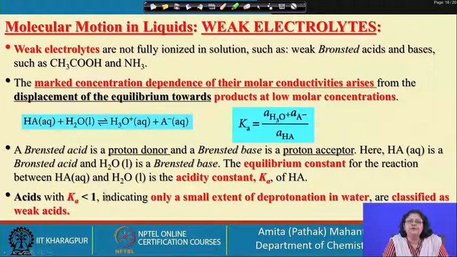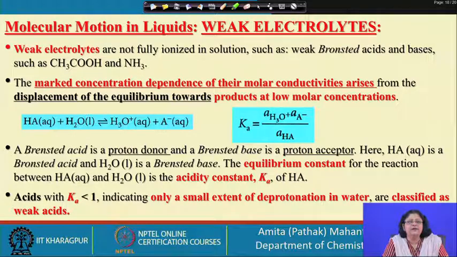So, if you have a system where you have this, this is the equilibrium constant. For an acid, we also call this a dissociation constant or acidity constant. So, this value is less than 1. What does that mean? If it is less than 1, it means a very small amount of deprotonation of water has taken place, and we classify them as a weak electrolyte.